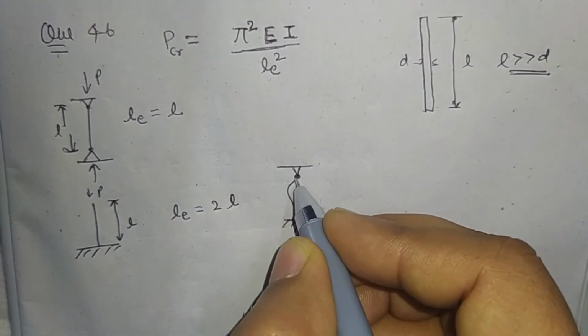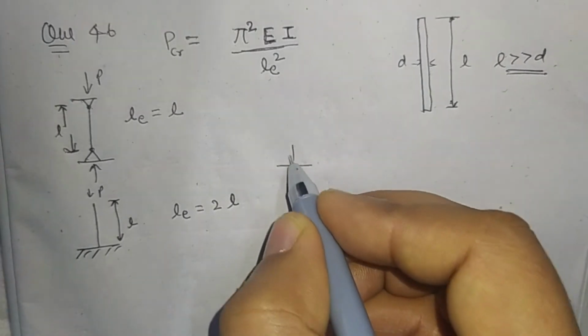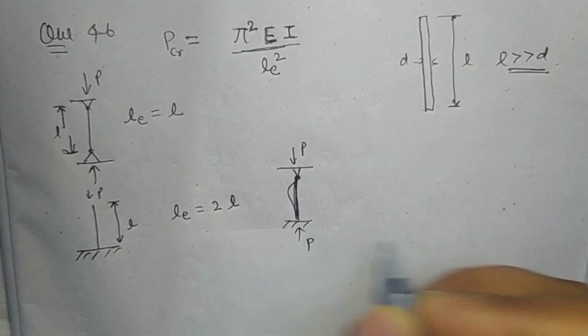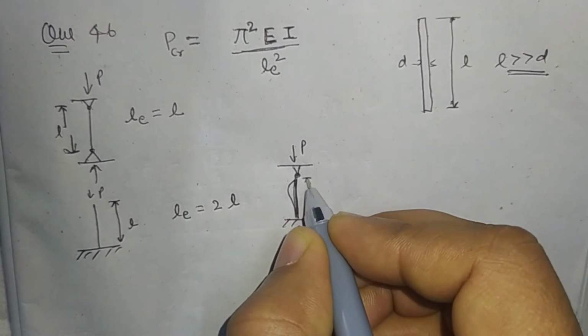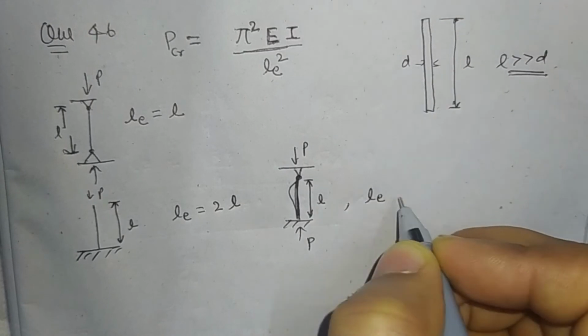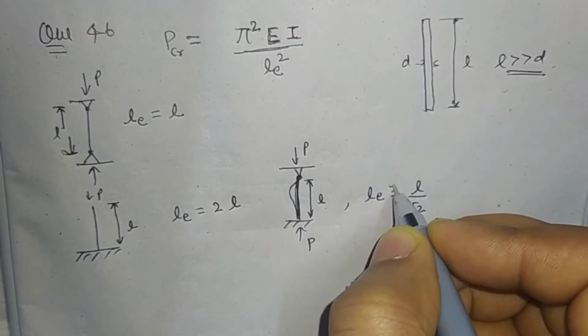This is the deflected shape, this is the actual column, and this is the crippling or buckling load. If the length of the column is L, then the equivalent length is approximately L by root 2.